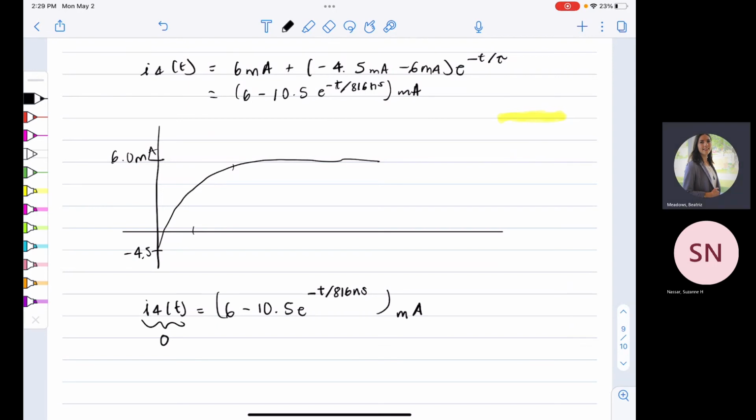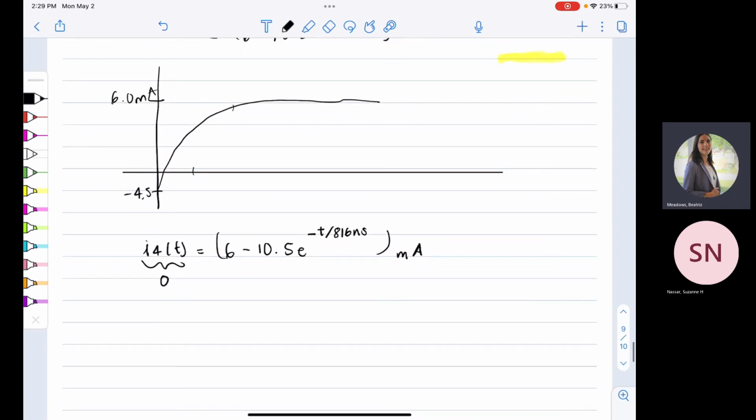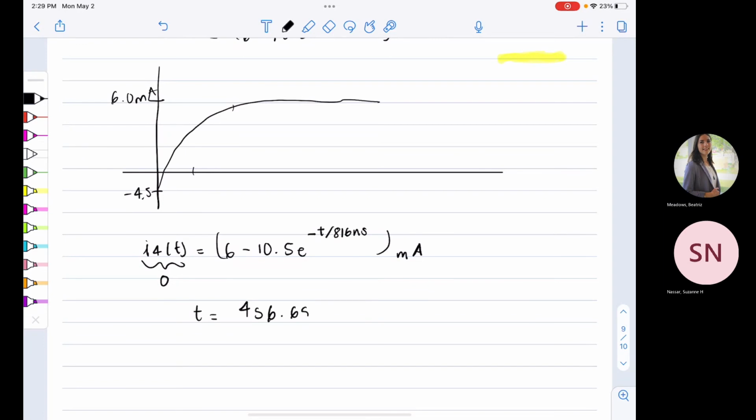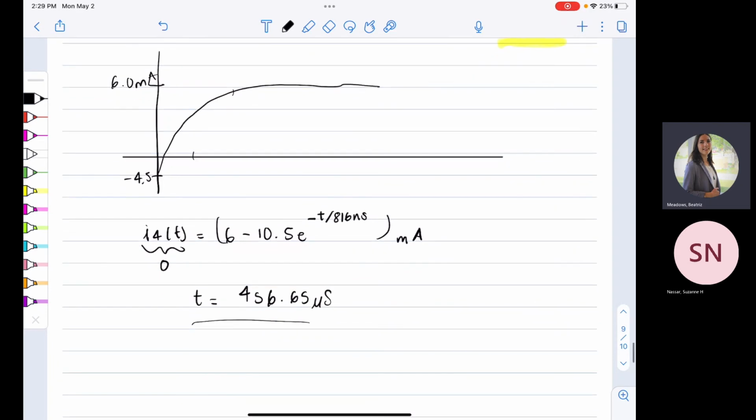So we're trying to find at what time our inductor current is 0. Does that make sense? So we just solve this equation for t. Yeah, natural log. That's right. So I'm not going to go through that because I know you guys can do math, but I'm going to give you the answer. You're welcome to do it later. So make sure you solve for t correctly.